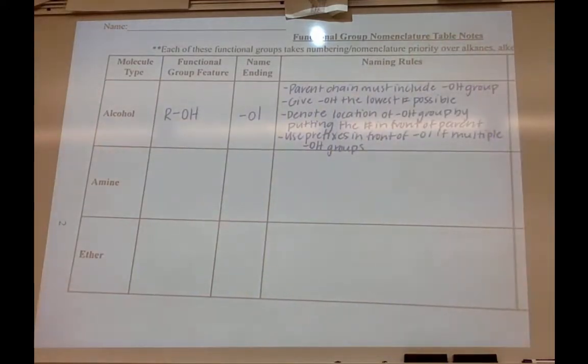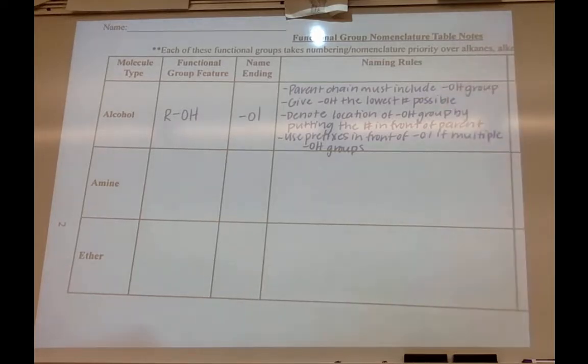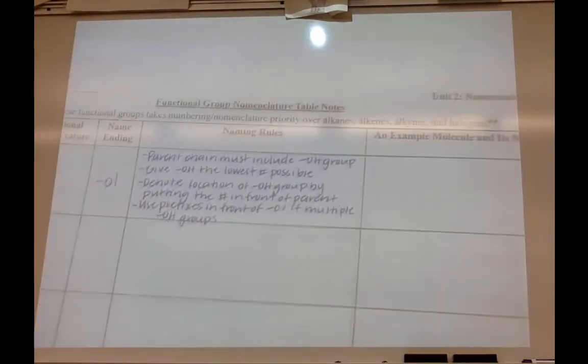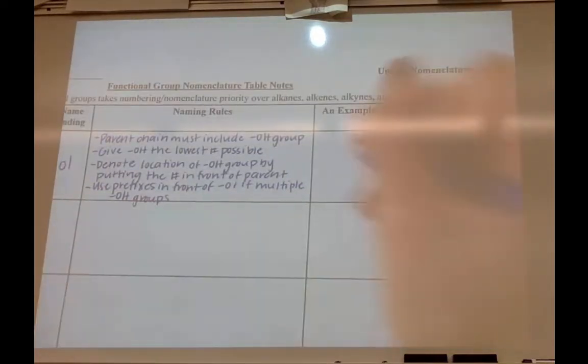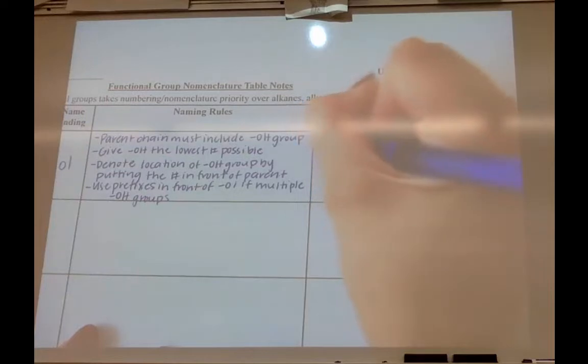You do need to add an E when using prefixes. I'll show you an example. So I'm going to show 2 examples just really quick. So, first example. I'm going to draw the alcohol backwards, actually.